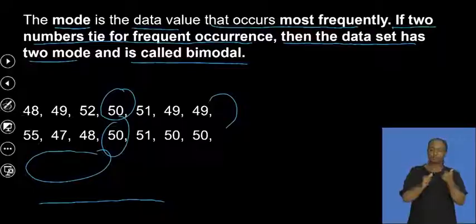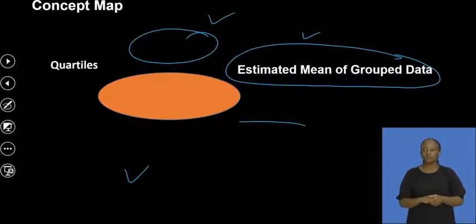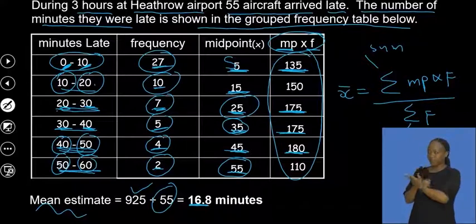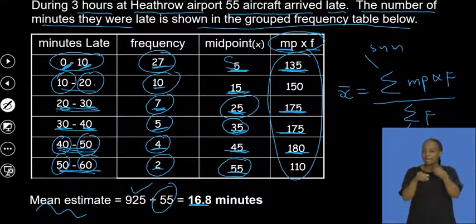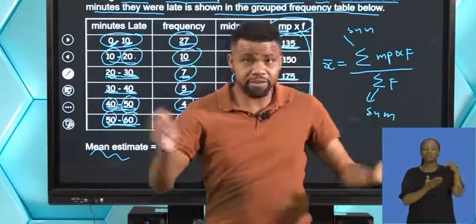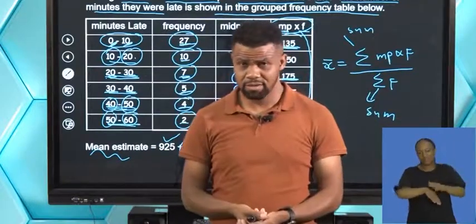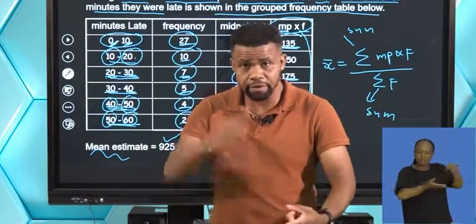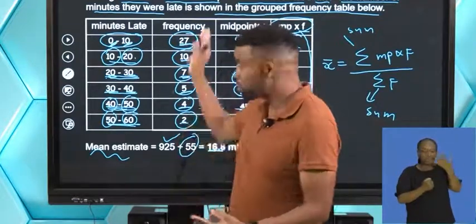If you go back, look at this. I want you to look at this. Now, here. Can we tell what the mode is here? What we know is that between 0 and 10 minutes, 27 aircraft were late. We don't know what time the first aircraft arrived, the second one, all the way through all the 55 aircraft.